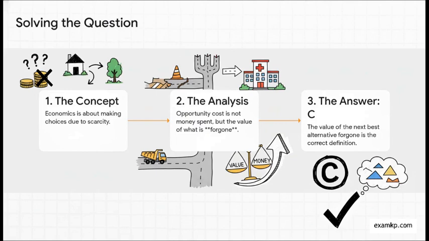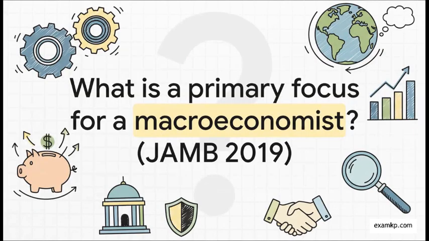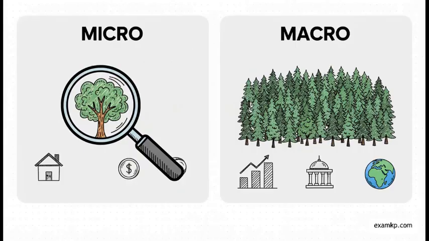All right, next we have a JAM question from 2019. This one is perfect because Keynes is pretty much the father of modern macroeconomics. So the question asks, what would a macroeconomist focus on? What's the big picture stuff? So the key here is to remember the difference between microeconomics, which is small scale. It's about individual households, single firms, specific markets.